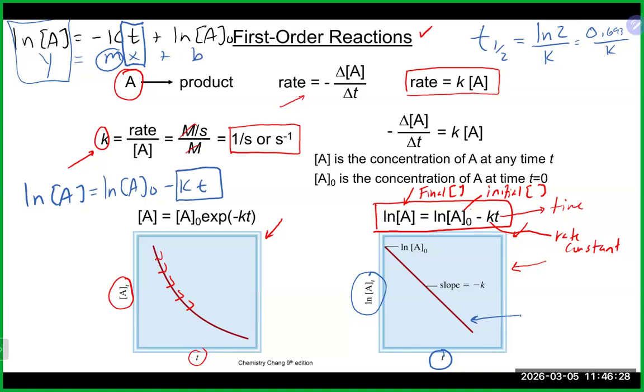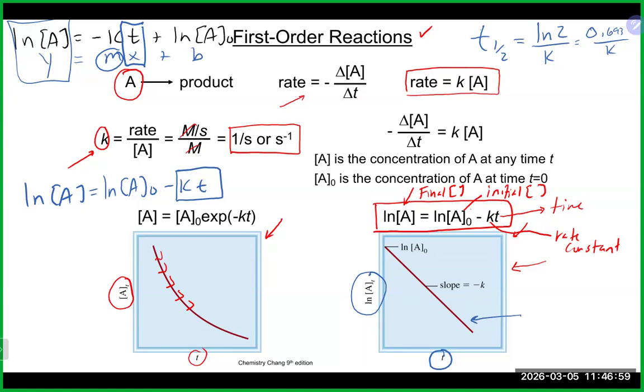So you can't come across problems where they may give you the time in like weeks, and maybe your rate constant there is in like days or seconds or hours. So there is a time component to each of those values that are in the box. And you do need to make sure, like any other conversion, they're in the same units for everything to properly cancel out. So if you got days in one and weeks in the other, and you just use it like that, you will get the wrong answer. So you got to make sure that they're in the same units. And sometimes people sort of overlook that.